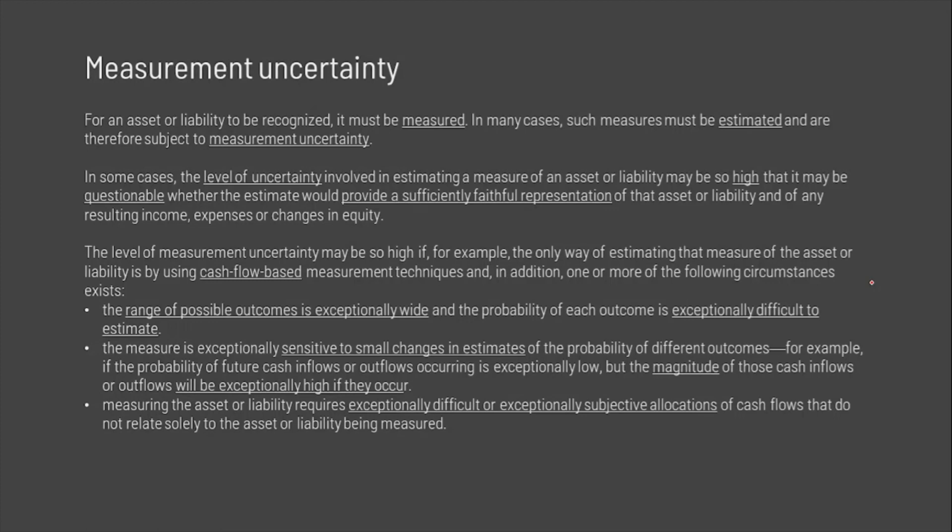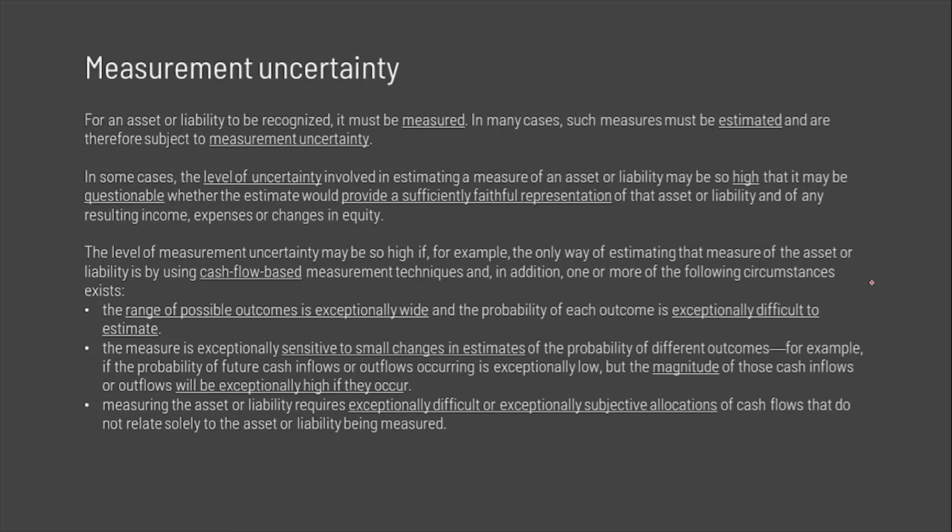However, an exceptionally high measurement uncertainty can affect the faithful representation of an item, such as when the asset or liability can only be measured using cash flow-based measurement techniques, and in addition, one or more of the following circumstances exist. A. There is an exceptionally wide range of possible outcomes and each outcome is exceptionally difficult to estimate.